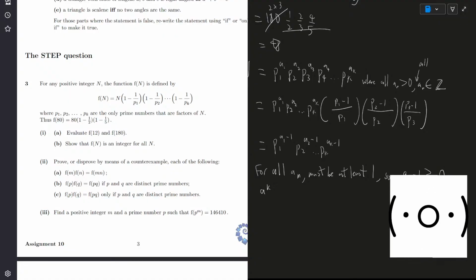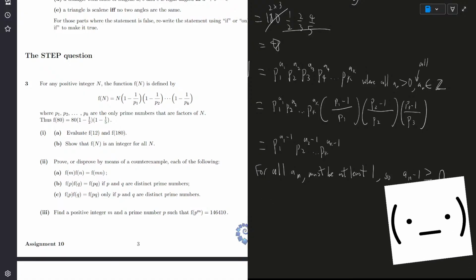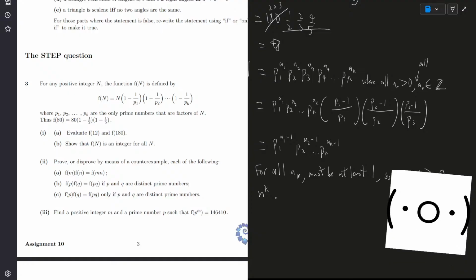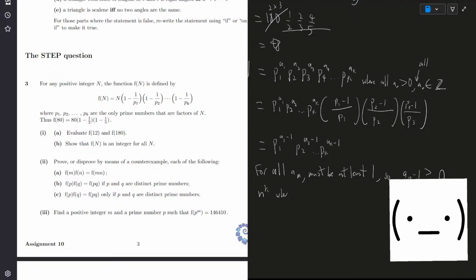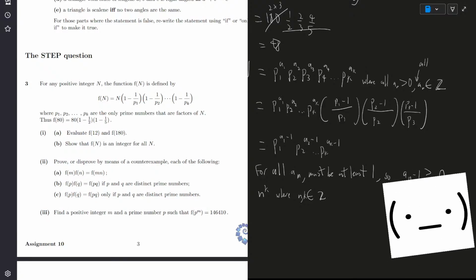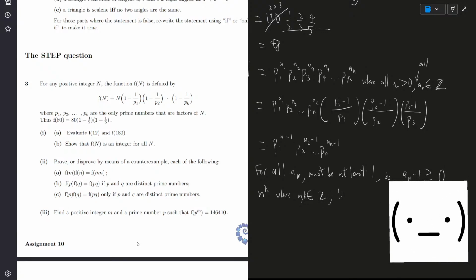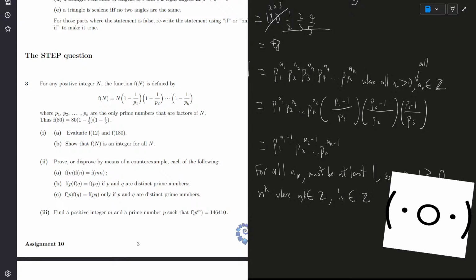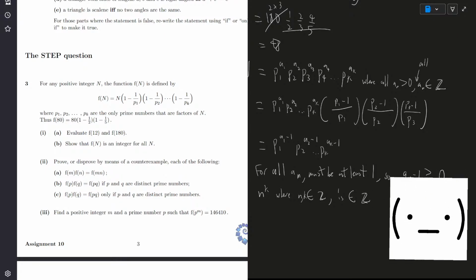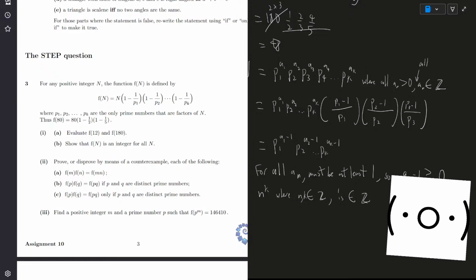I don't know if we have to prove it or not, that n to the power of some k, where n and k are both integers, is an integer too.